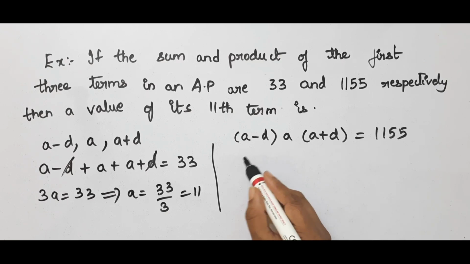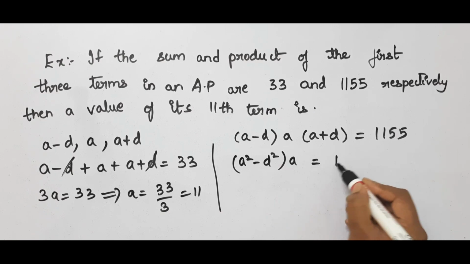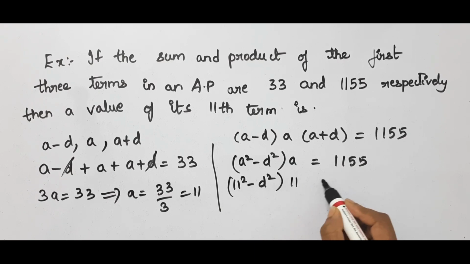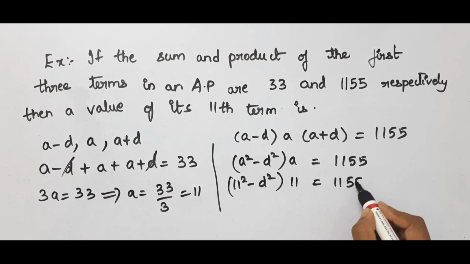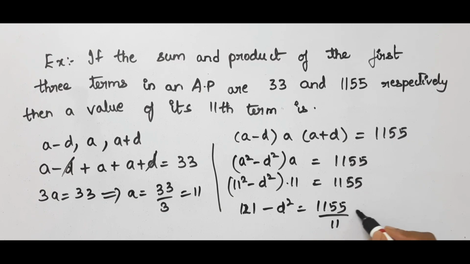So we can write it as a square minus d square into a is equal to 1155. We got a value as 11. Just substitute here. This becomes 11 square minus d square into 11 is equal to 1155. Let us bring this 11 to the RHS. So 11 square is nothing but 121 minus d square is equal to 1155 by 11, which is nothing but 105.